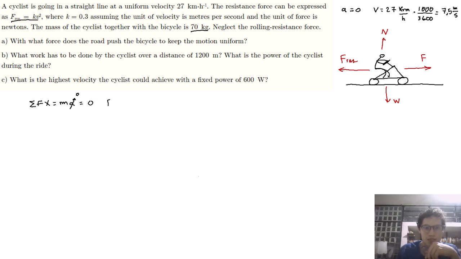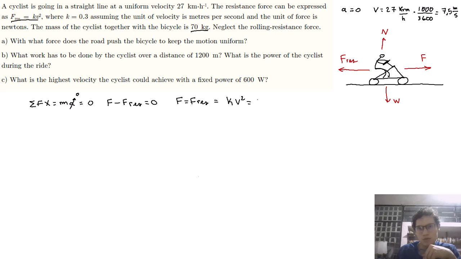And the only forces acting on the x-axis will be the force of the cyclist and the resistance force. So the force of the cyclist is equal to the resistance force. And we have an expression for that. It's k times velocity squared.